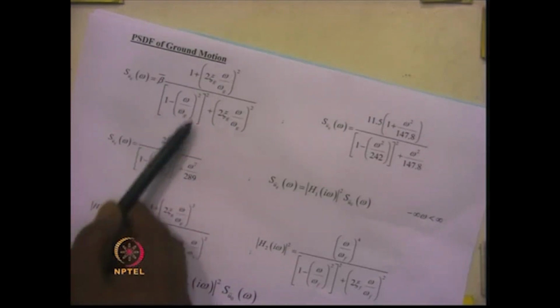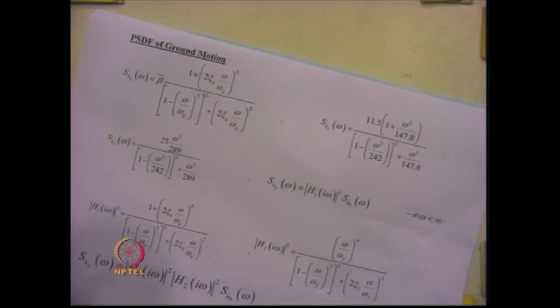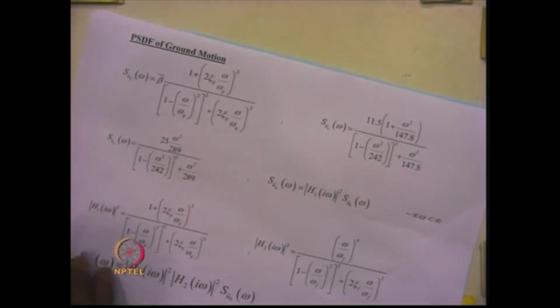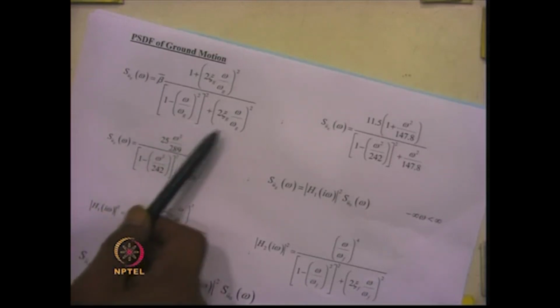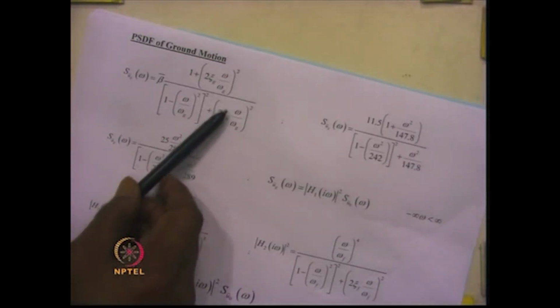Omega g is the predominant frequency of the ground through which the seismic waves pass from the rock bed to the surface. So, for that soil medium one can find out the predominant frequency of that ground, and chi g is again the damping associated with the soil.